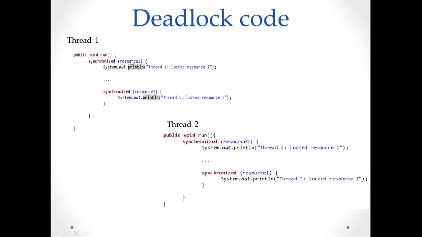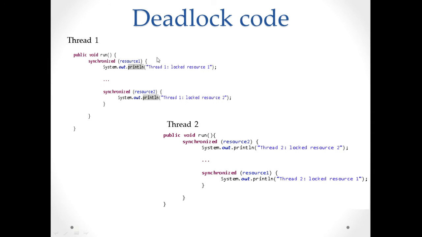So we're going to have some resource that we have here, and then we're going to write the keyword synchronized in front of this. Now once we acquire a lock on this resource, what we want to do is print this out: Thread 1 locked resource 1.